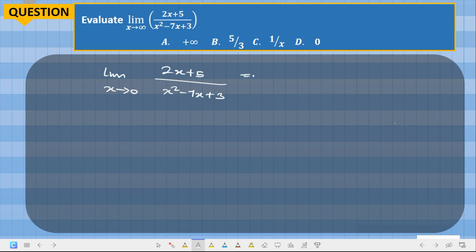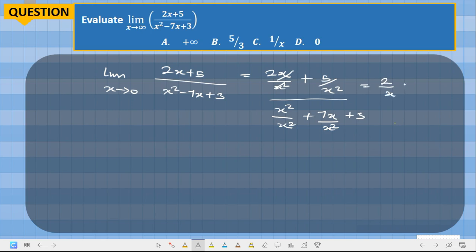S squared, and this gives us 2x divided by s squared plus 5 divided by s squared all over s squared over s squared plus 7x all over s squared plus 3 all over s squared. And this cancels this, giving us 2 over x plus 5 over s squared divided by this cancels this, it gives us 1 plus 7.